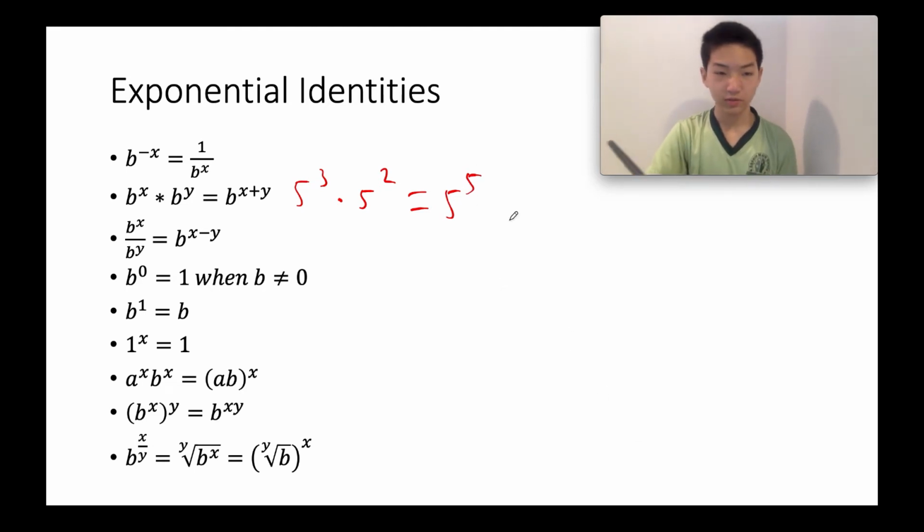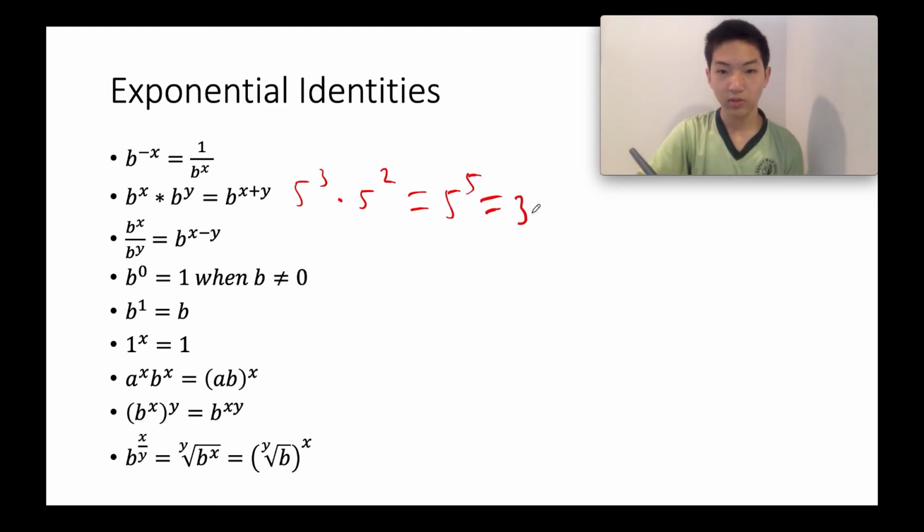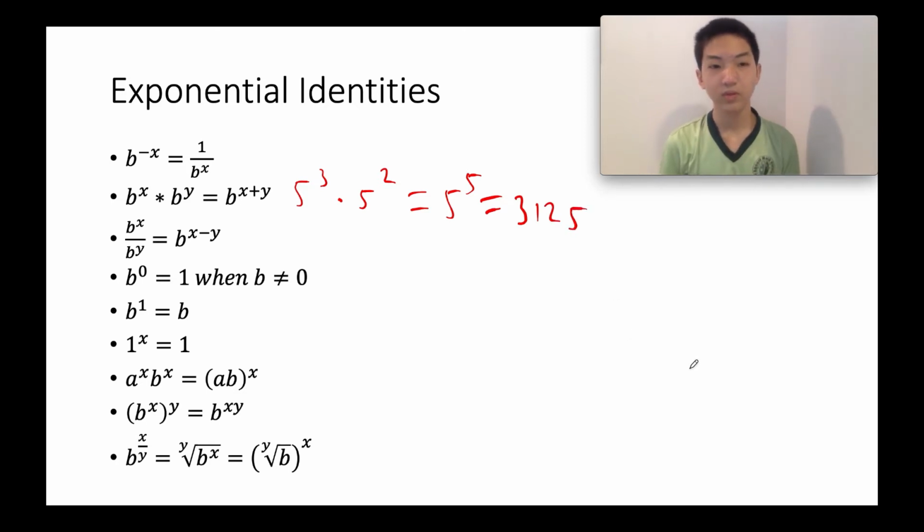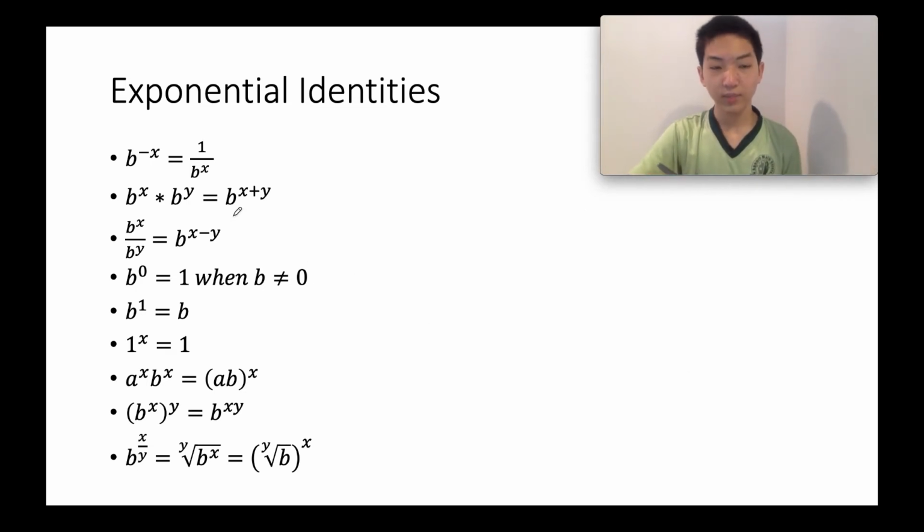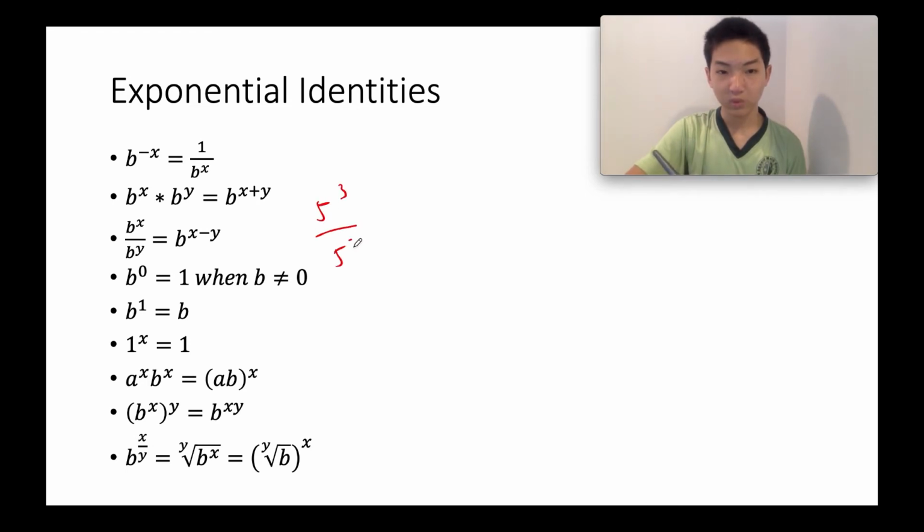And if you evaluate that further, you would get 3,125. Next, we have b to the x divided by b to the y is equal to b to the x minus y. So an example of that would be 5 to the 3rd divided by 5 squared. That'd be equal to 5 to the 3 minus 2, which is equal to 5.